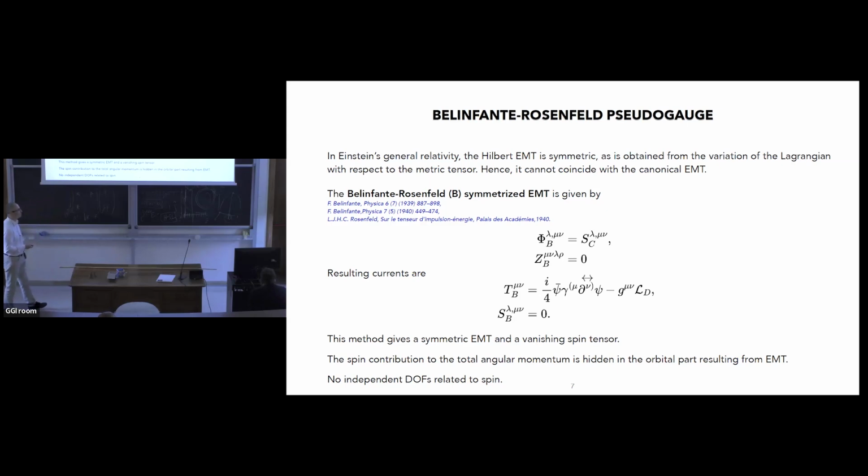Another pseudogauge which was also commonly used resulted from the problem that if you have the canonical currents, the spin current is not conserved. So it was proposed that one can introduce this kind of potentials in such a way that the spin current is now conserved, but the energy momentum tensor is symmetric.